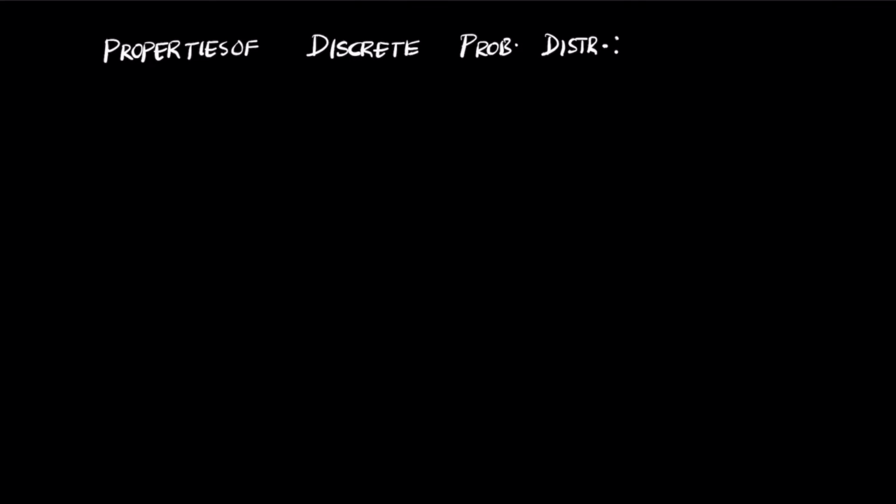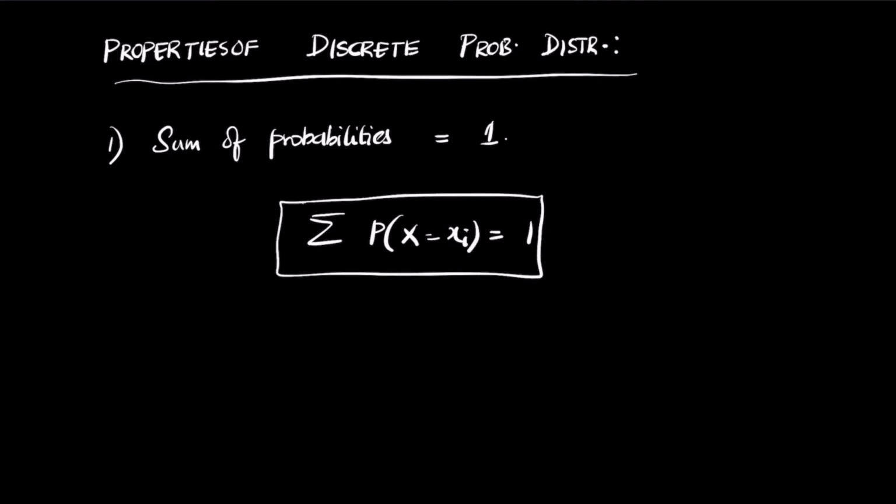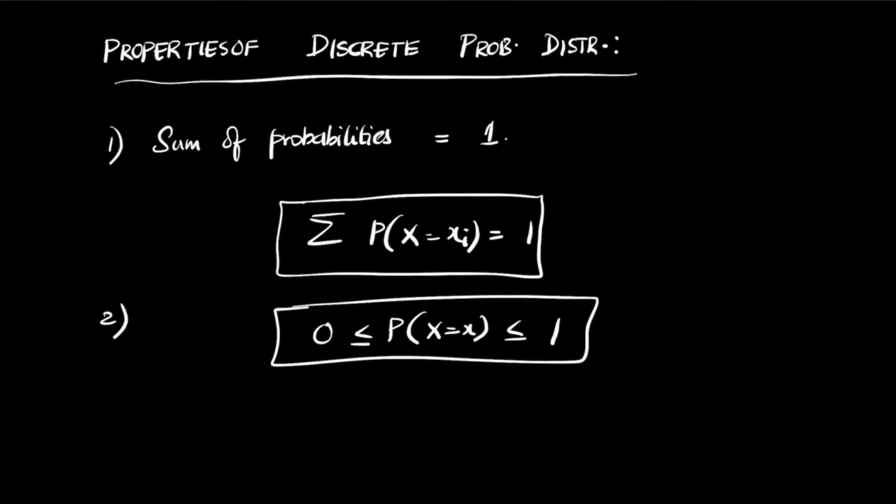The first property is that the sum of probabilities is always equal to 1. The sum of the probability of each individual event will be equal to 1. Second, each individual probability value lies between 0 and 1. These are the two main properties of a discrete probability distribution.